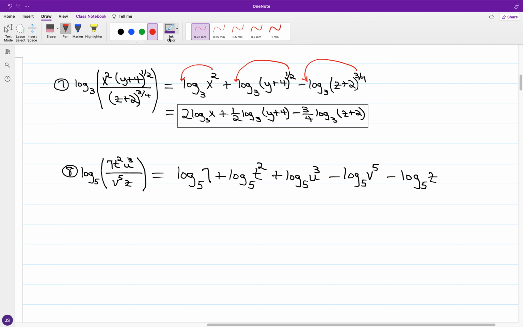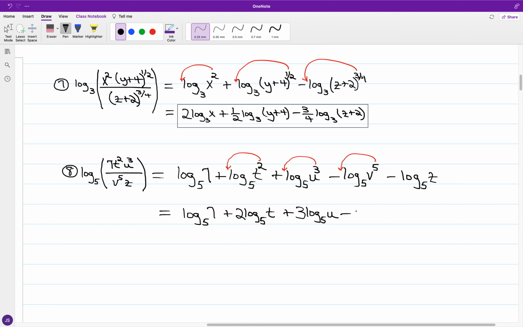All right, so just quick adjustments here with the terms in t, u, and v. And so we have for the final form in this one, the base 5 logarithm of 7, as well as 2 times the base 5 logarithm of t, and a positive 3 times the base 5 logarithm of u.